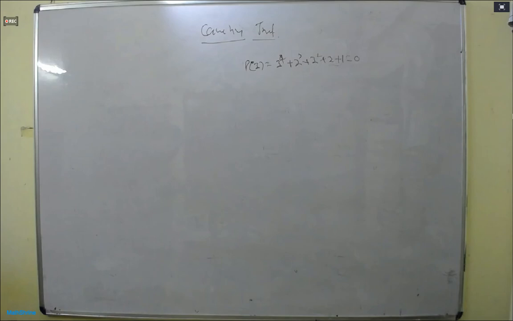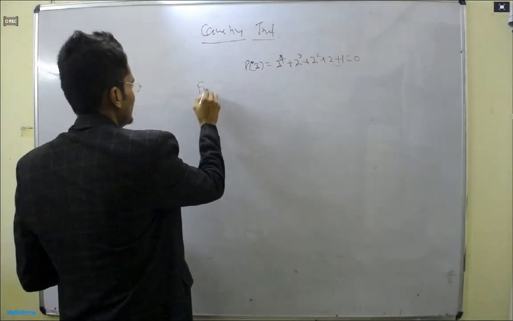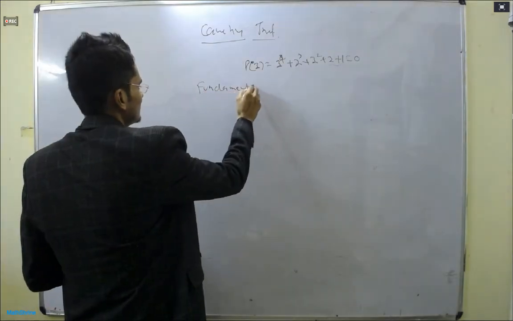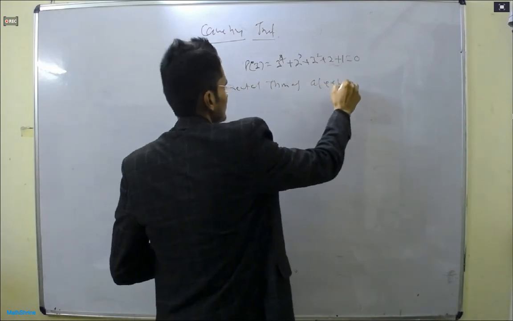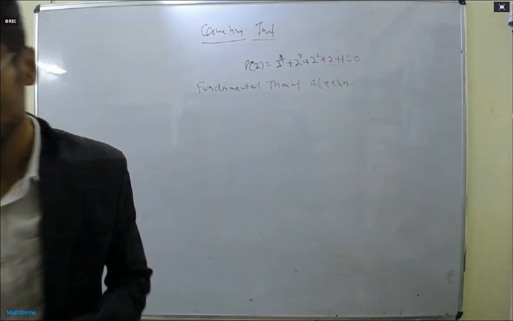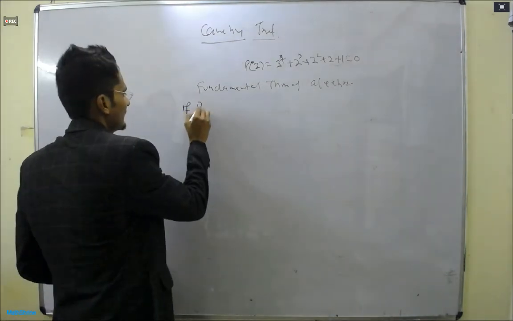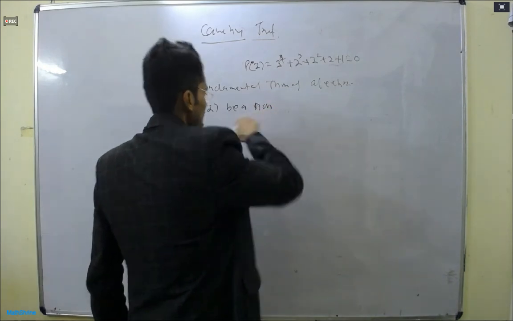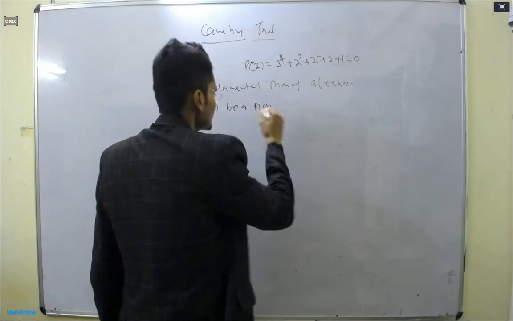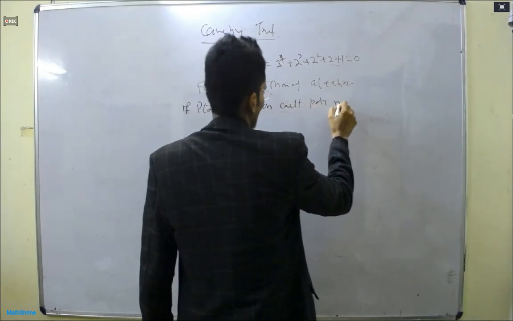The fundamental theorem of algebra says that if P(z) is a non-constant polynomial, then the equation P(z) equal to 0 has a root. First it was a polynomial; once you put it equal to 0, it becomes an equation.